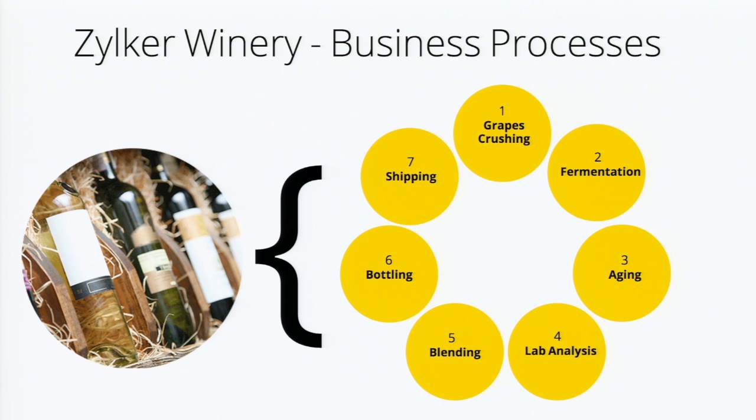If it is good to go, it is taken to lab testing where different parameters of the wine are tested, and then it goes through a blending process in order to add taste to the wine. Then it is bottled and shipped to the customer. So from grape procurement to the shipment of a wine bottle, there's really a lot of business process, a lot of stages happening. And I'm sure this is a pretty straightforward business process everyone can understand.